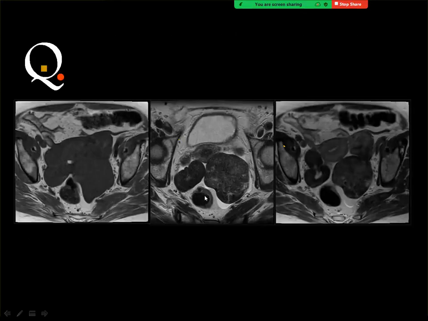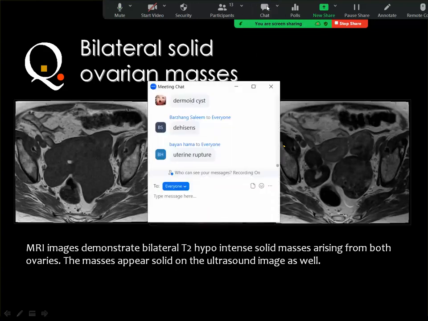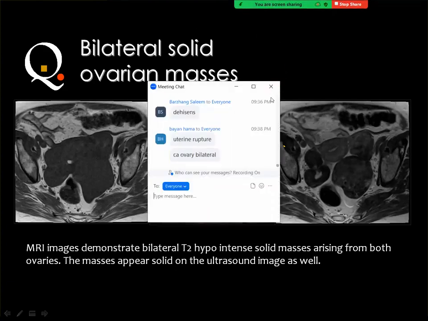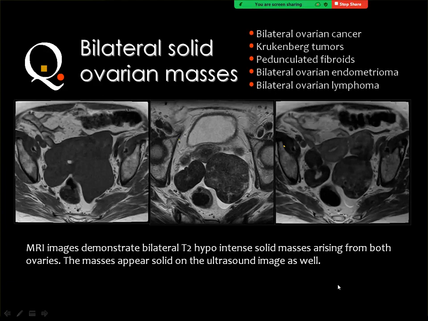And here you got T1 axial images of the pelvis, and this is T2, and this is T2 also. And you got two ovarian masses. I think you can see it clearly. There are two ovarian masses, and the differential diagnosis for ovarian masses is like this.